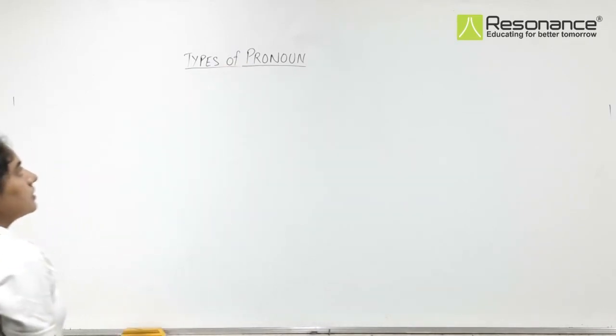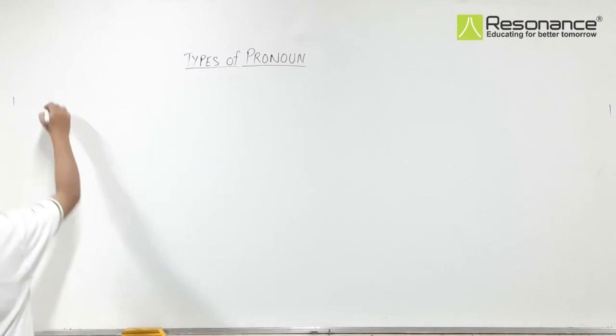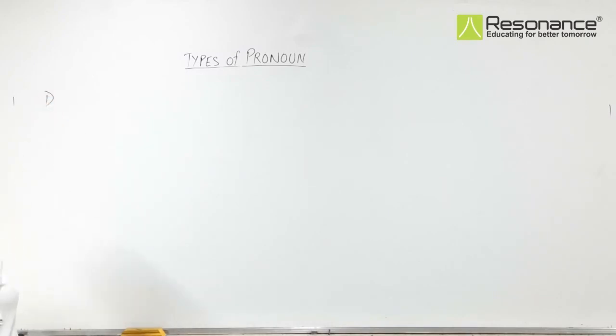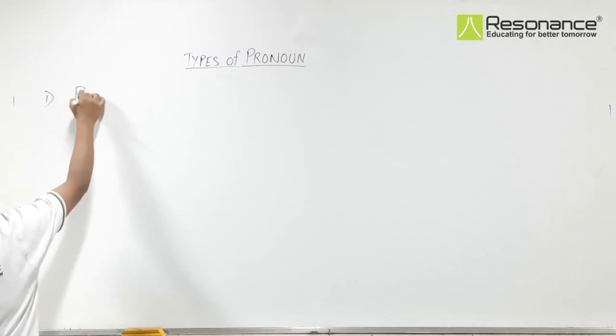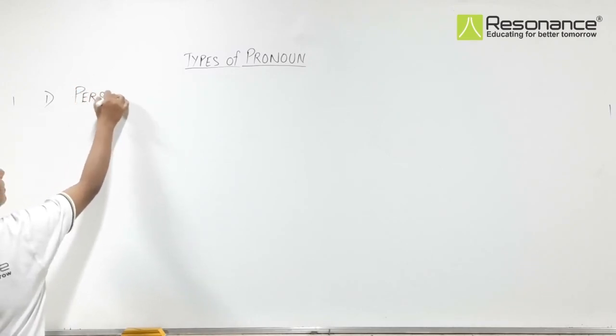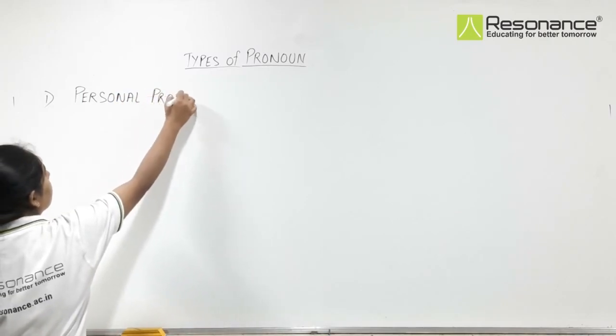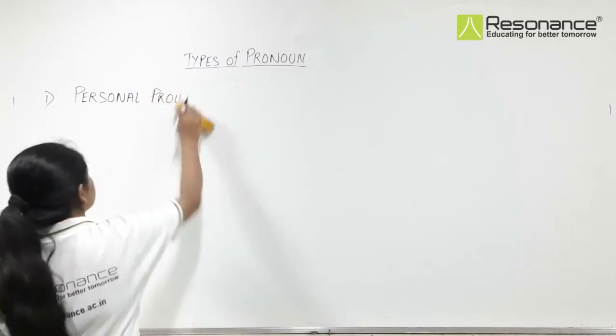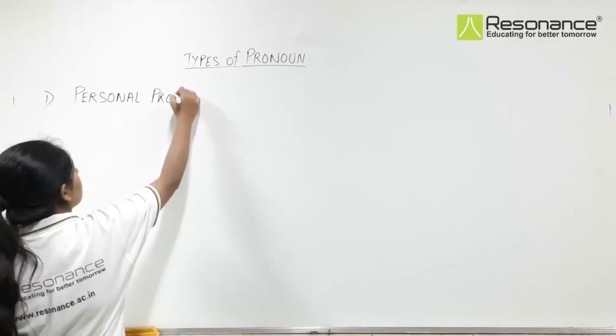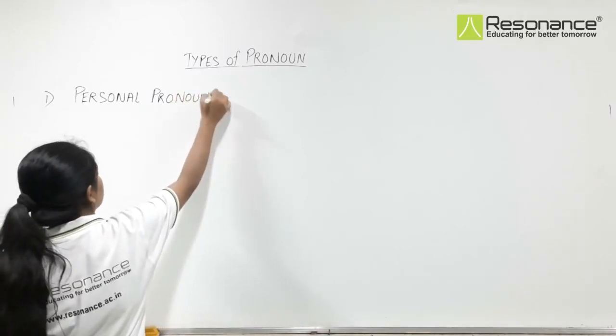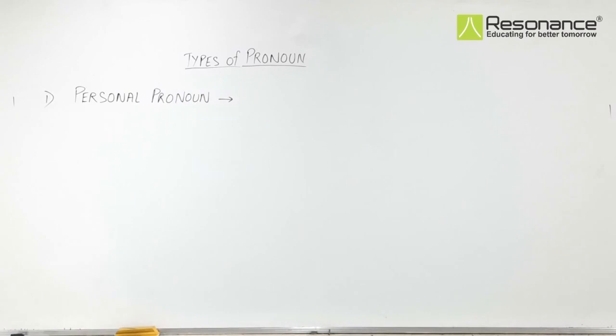Okay, types of pronoun. So today we are going to study the first type of pronoun, that is the personal pronoun. Which pronoun? Personal pronoun. Now, when we talk about personal pronoun, you will see there are three main categories.